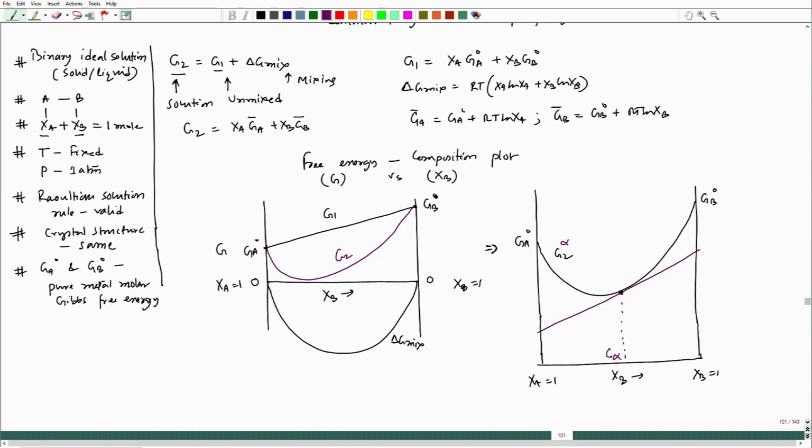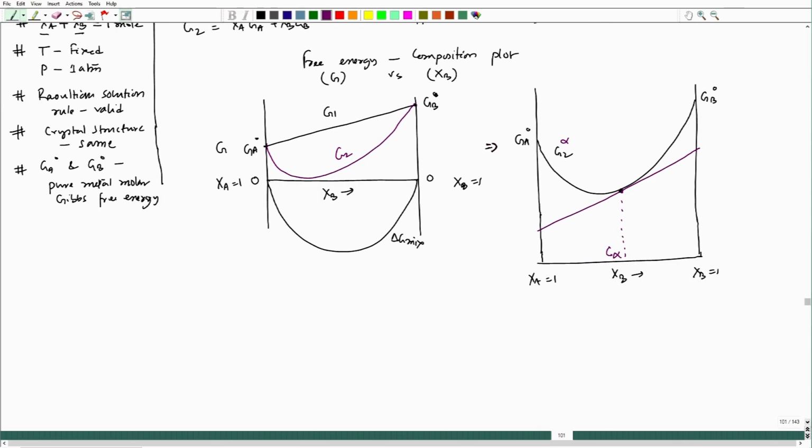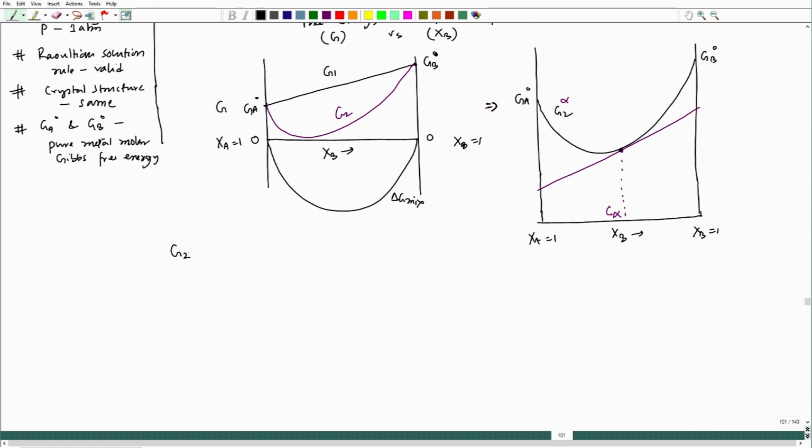Now I can find out G2 alpha at C alpha, with C alpha with respect to B. That means XA GA bar plus XB GB bar, and here XB at the C point. Let us say this is the C point and this is the Q point.